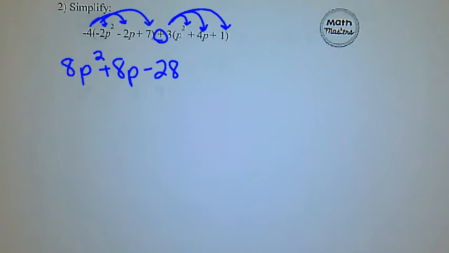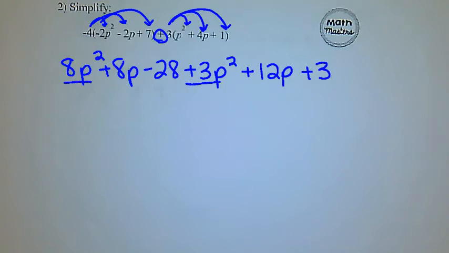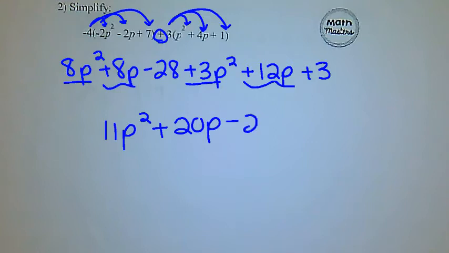This is addition, so I don't have to keep my parentheses. So I get a 3p squared plus 12p plus 3. Now you can go ahead and combine like terms. So I get 11p squared plus 20p minus 25. Boom, done.